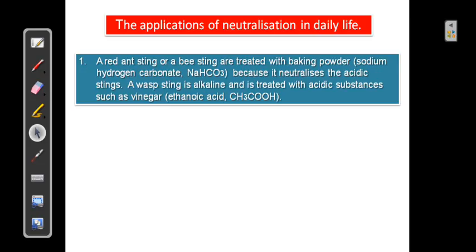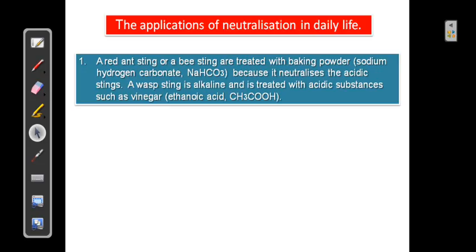Unless your mom bakes bread or cakes, you may find this baking powder on the shelf. Otherwise, you don't have the baking powder, right? So the sodium hydrogen carbonate or the baking powder is also known as NaHCO3.